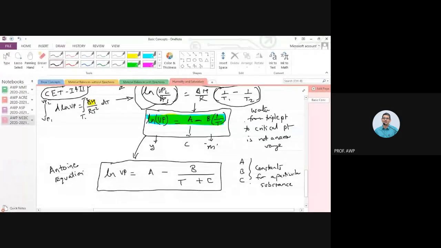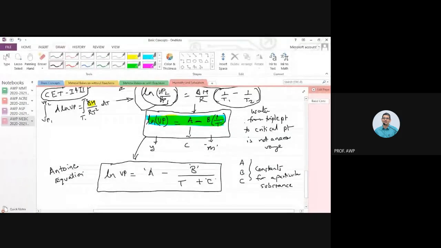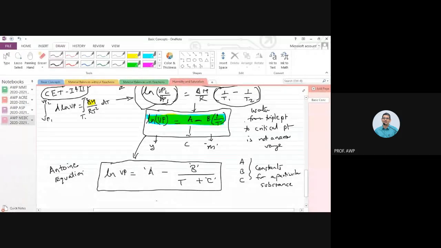For water, I will have a certain value of A, B, and C. If I take toluene, benzene, or acetic acid, I will have different values of A, B, C. So for every substance, there are three different constants which relate the vapor pressure to the temperature.